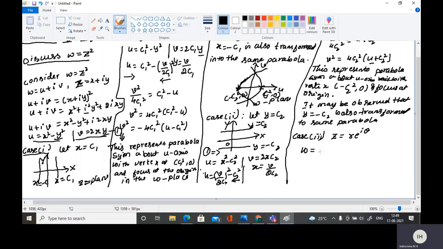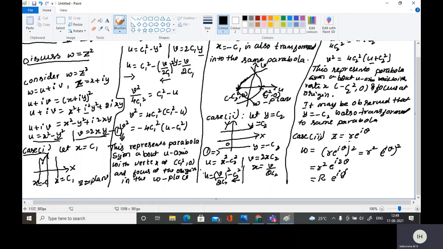Now the transformation becomes w is equal to z square, which is r square e power i theta whole square, equal to r square e power i 2 theta. I will take this as capital R e to the power of i phi.